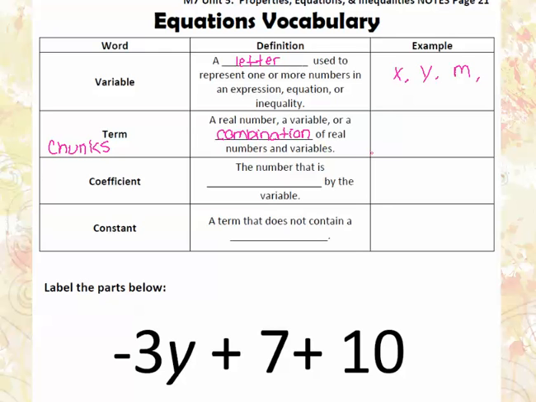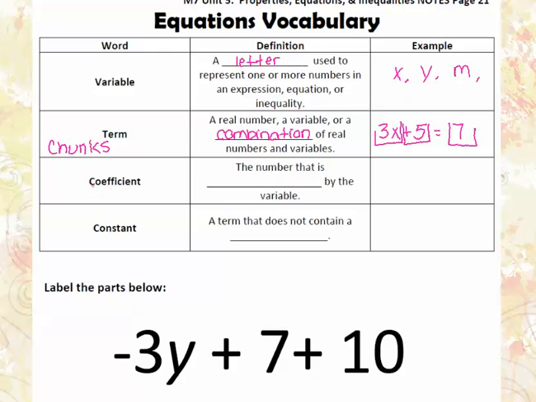So if we look in an example, let's say we have 3x plus 5 equals 7. This right here, this 3x, is a chunk of the problem. That's a term. This positive 5 here is a term, and this positive 7 here is a term. The sign is always going to go with the number it's in front of whenever you're looking at terms.